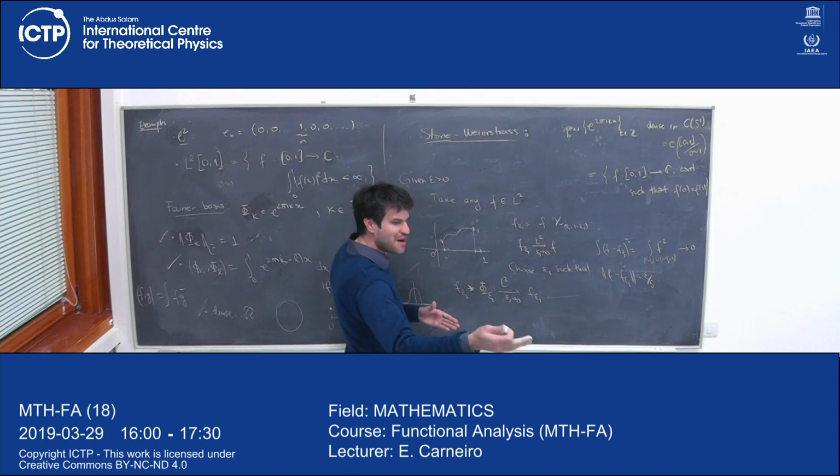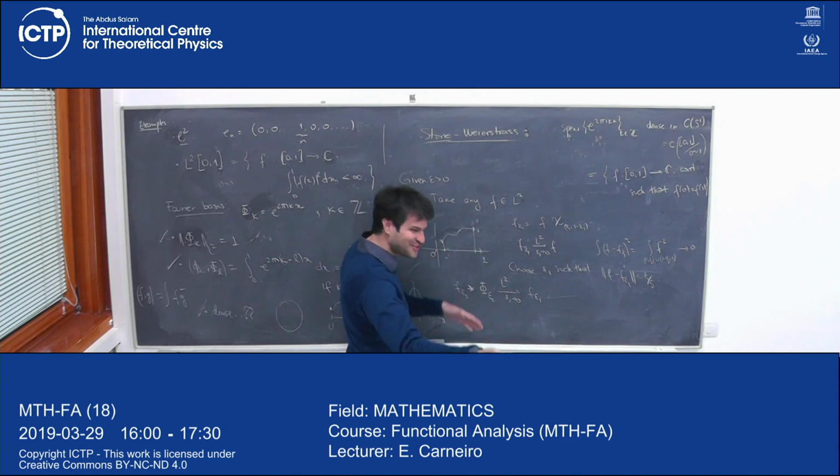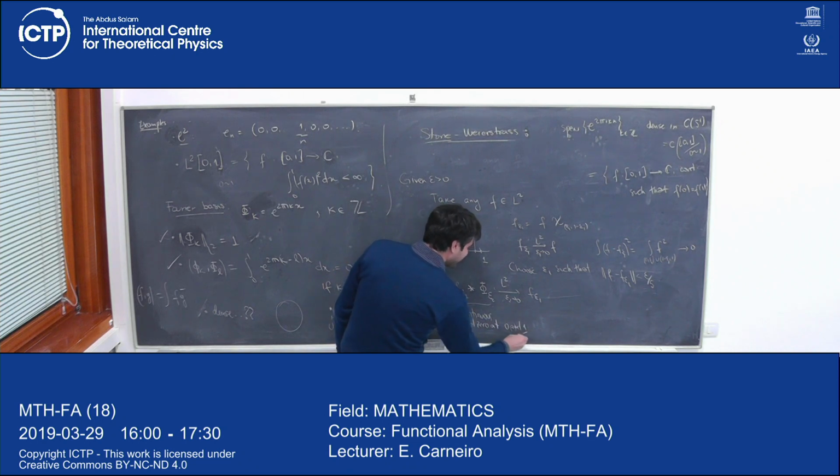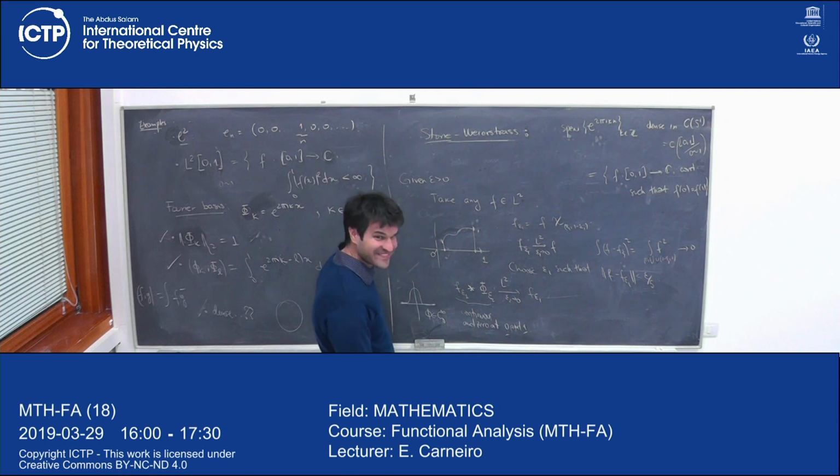But now this function is continuous. What I'm essentially saying is that I'm approximating f in L2 by a continuous function. This is how we do it, right? But this function is still a continuous function, and 0 at 0 and 1. Good.